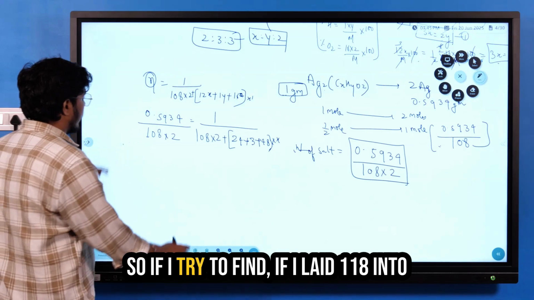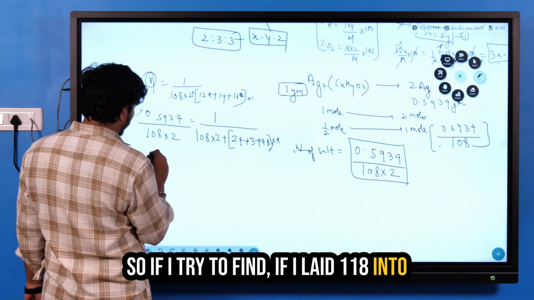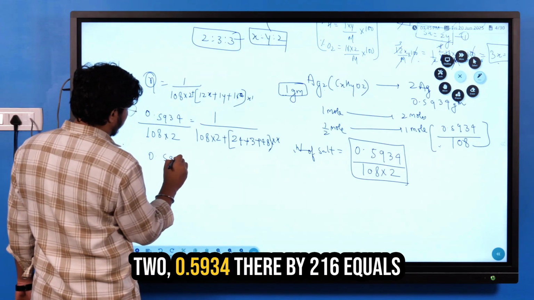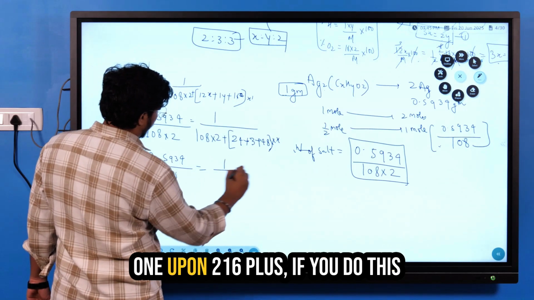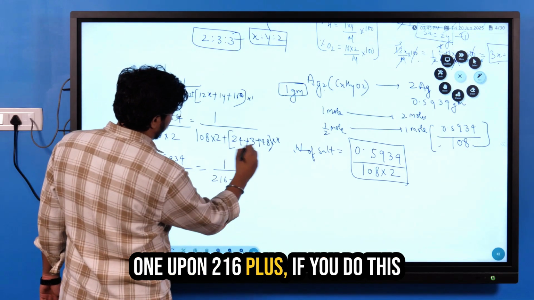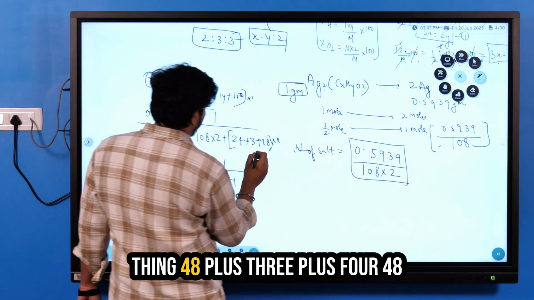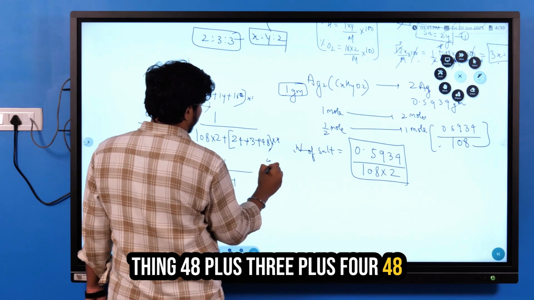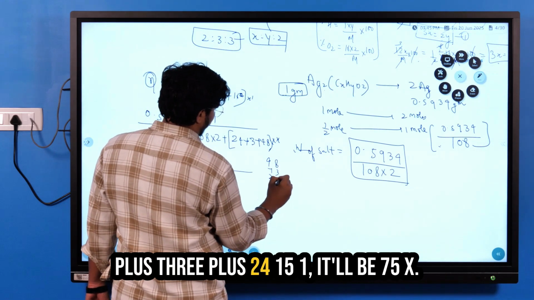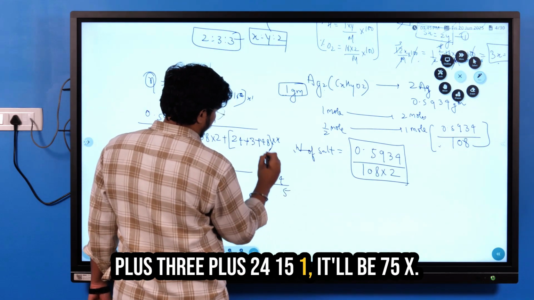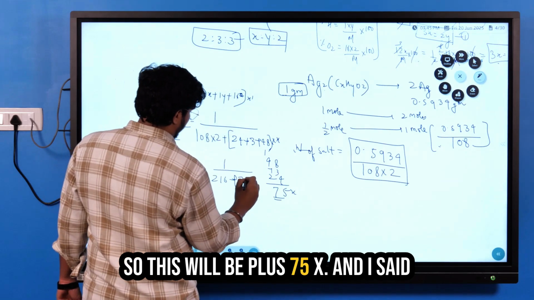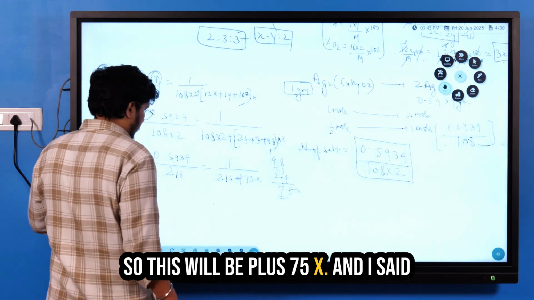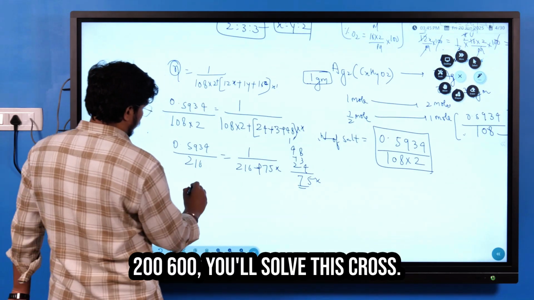So if I try to find it, 108 into 2 is 216. 0.5934 divided by 216 equals 1 upon 216 plus, if you do this, 48 plus 3 plus 24, that is 75 x dash. So this will be 216 plus 75x dash.